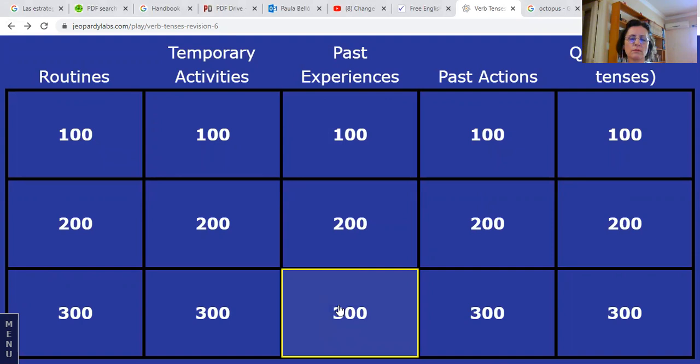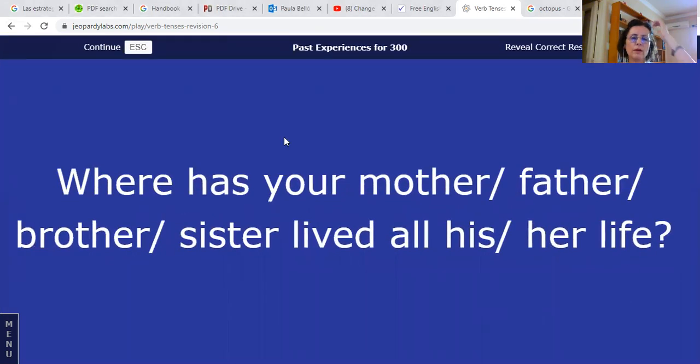Okay, this one. Where has your mother, for example, lived all her life? Where has your mother lived all her life? My mother lived. No, present perfect.